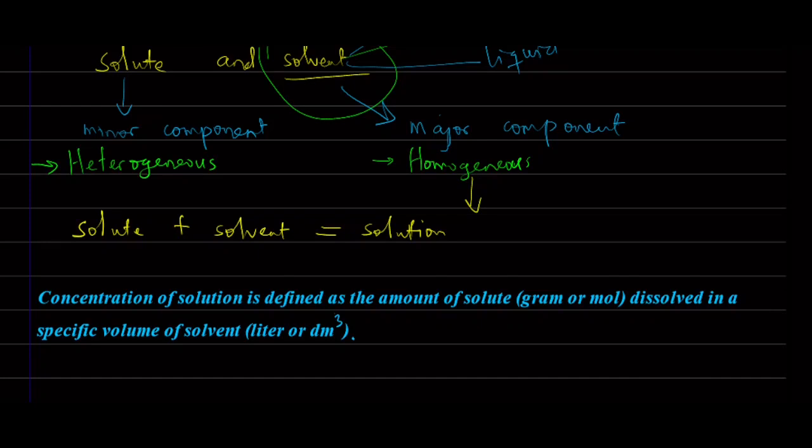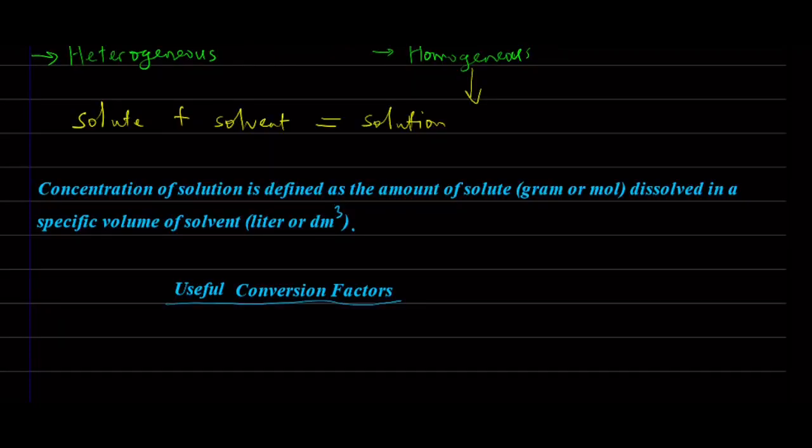Now that we have examined the basic difference between solution and concentration of solution, and we have looked at the components of the solution and the types of solutions, let's go to the useful conversion factors that we have in this topic.